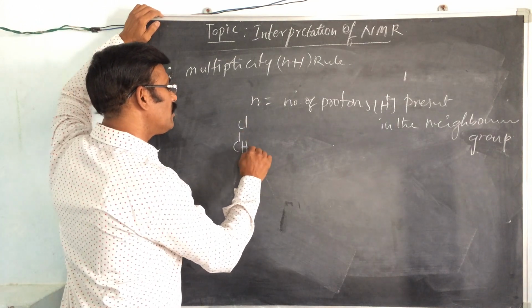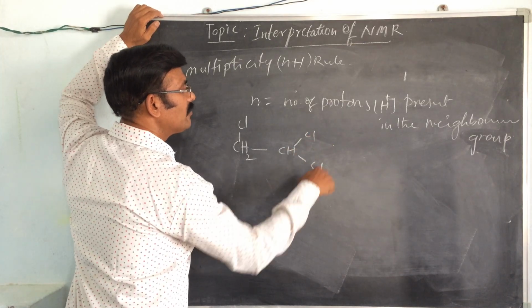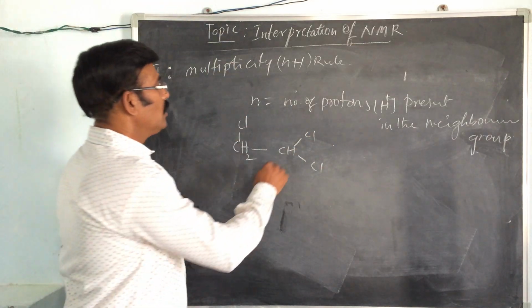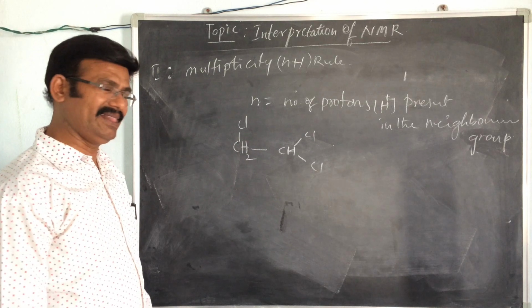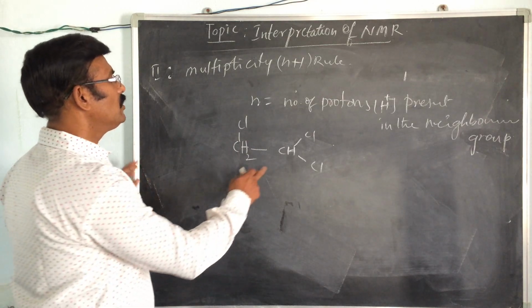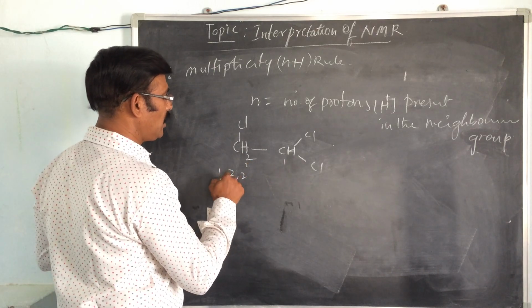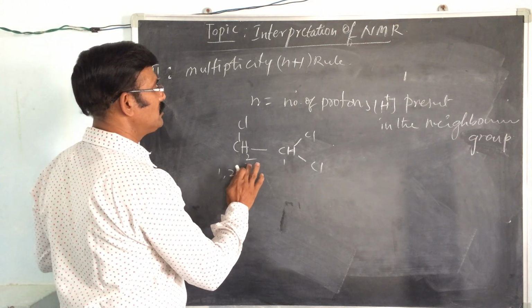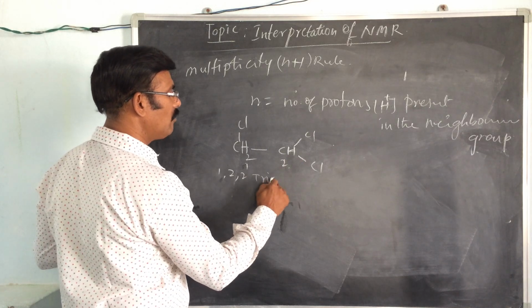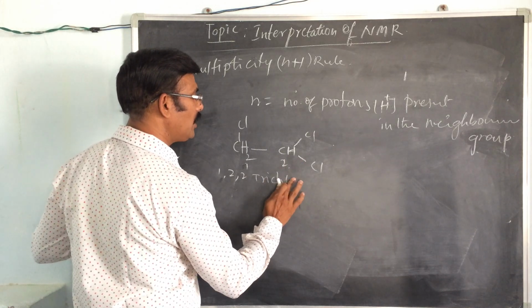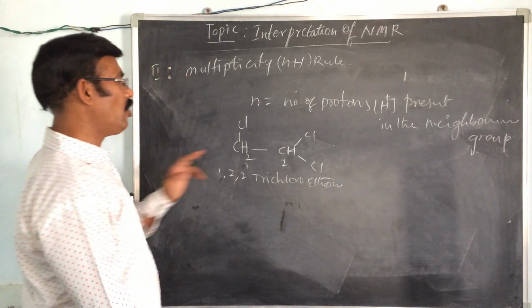CHCl2, CH2Cl. This is the organic compound. What is it? Trichloroethane, 1,1,2-trichloroethane. This is the compound name.